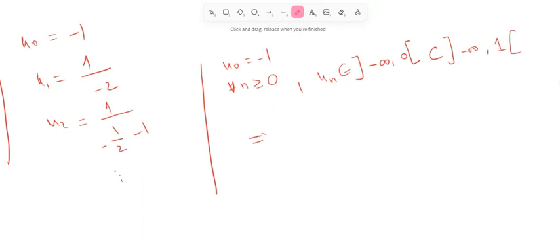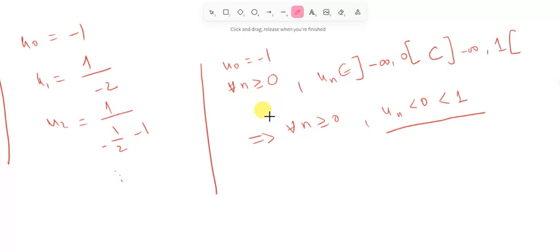So we can say directly that whatever n superior or equal to 0, un is less than 0, strictly less than 1. This is correct. Okay? So here the sequence exists, and it has an upper bound, which is 0. We can consider 0, or we can consider 1.